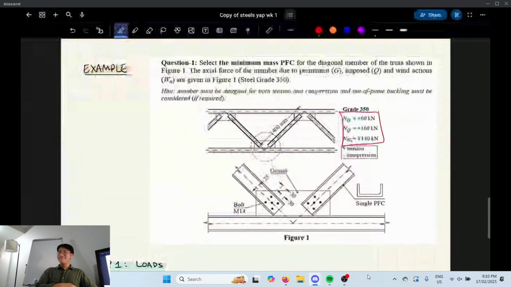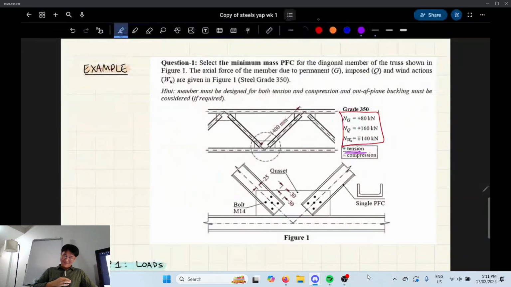It's positive, so it's tension. Tension's positive. Right underneath, what about NQ? NQ is tension in live loads. Exactly, and it's bigger.